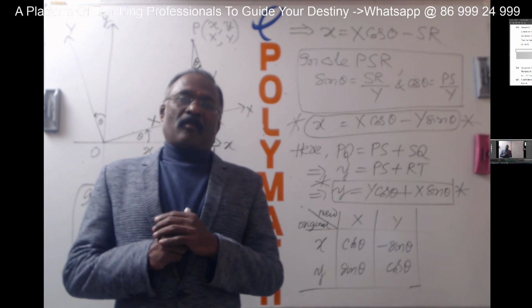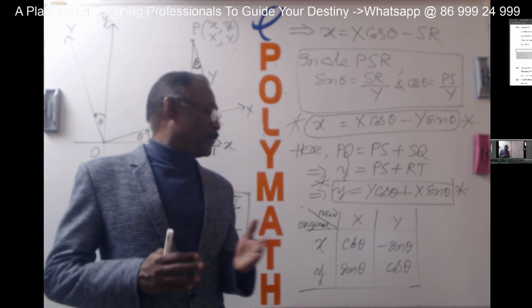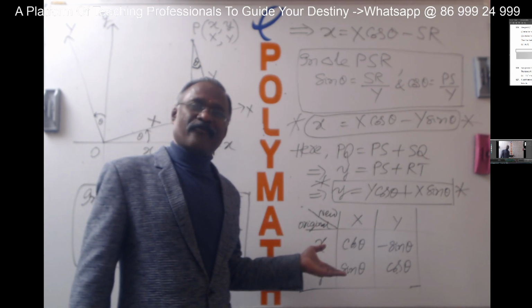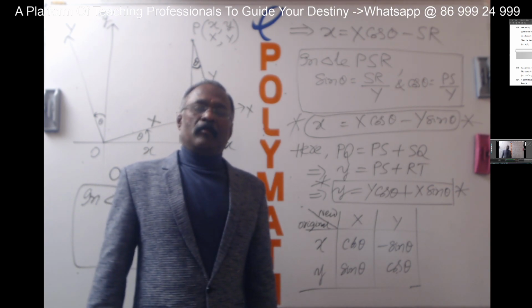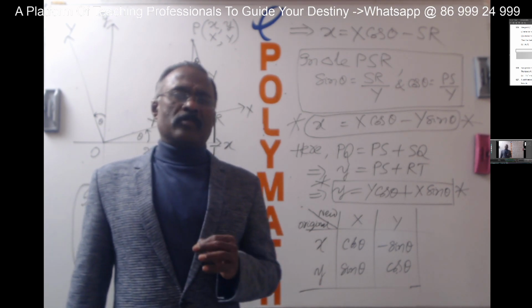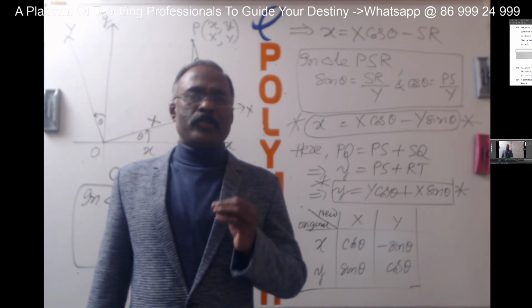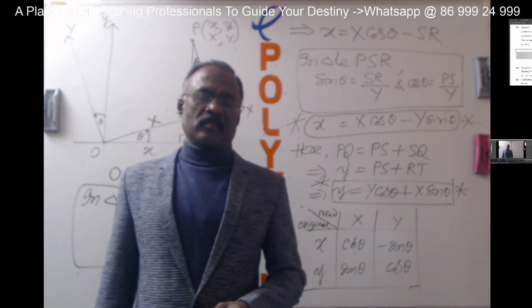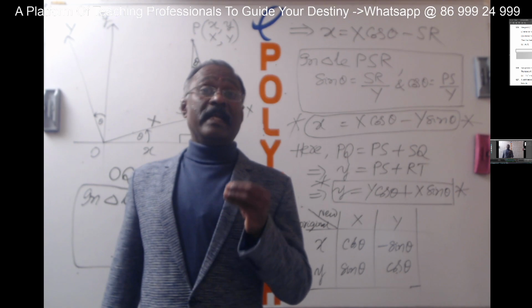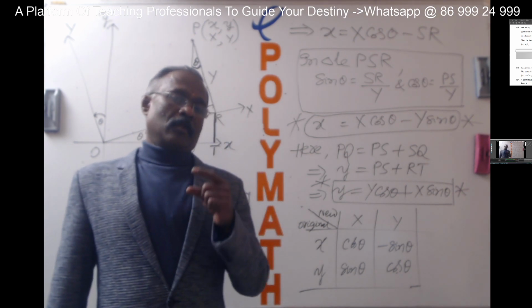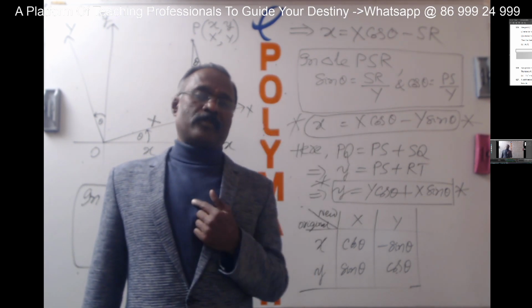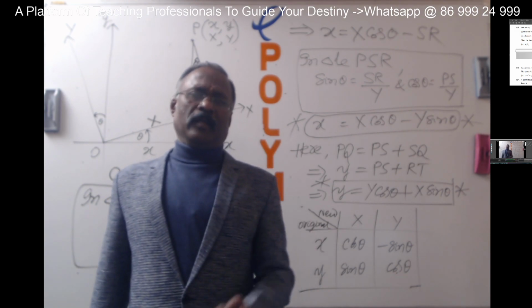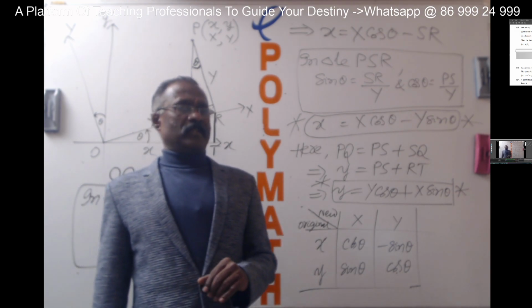Then, what is to be done in this case for theta? The most general operation in rotation of axis is that we eliminate the xy term. Here only the xy term. What is the xy term?